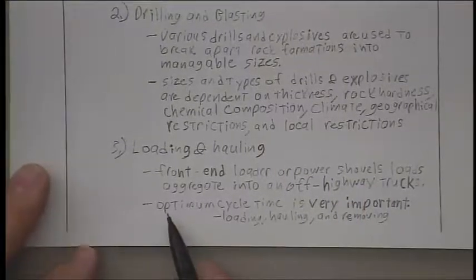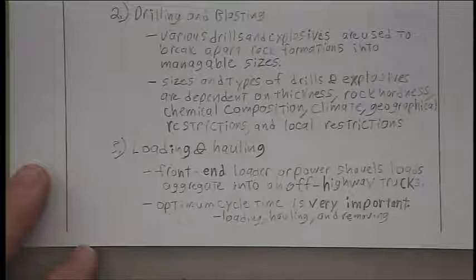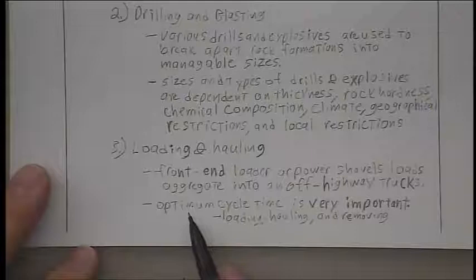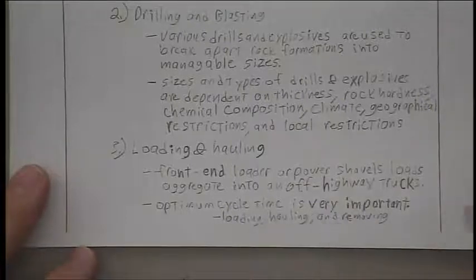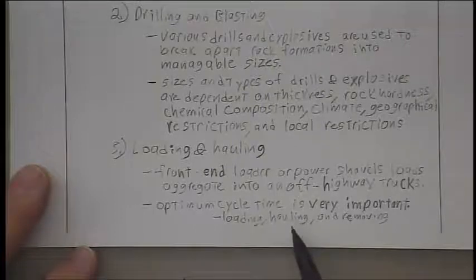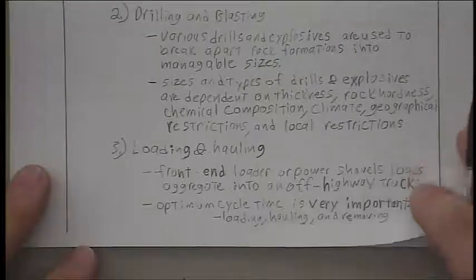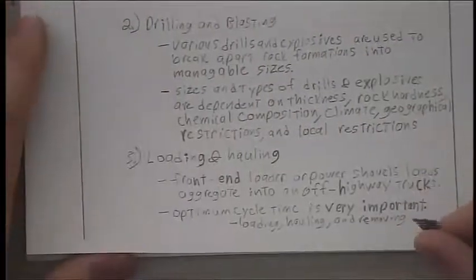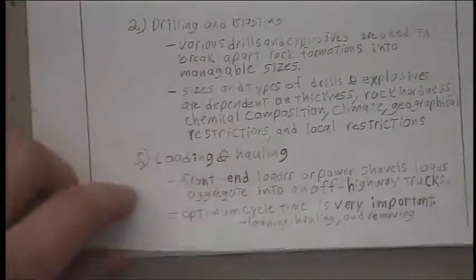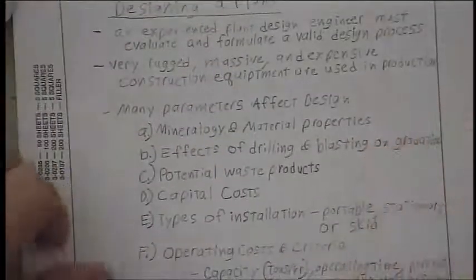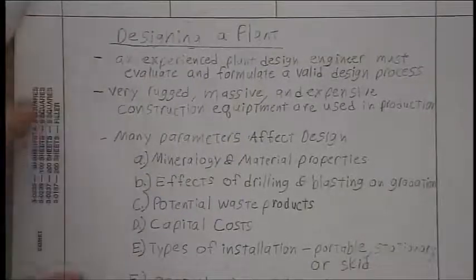And so it's really important, whenever you're talking about loading and hauling, to talk about optimum cycle time and to calculate how long it takes to load it, haul it, and remove everything. There's a lot of calculations. This is very important to calculate as a quality control engineer, for managing a plant.